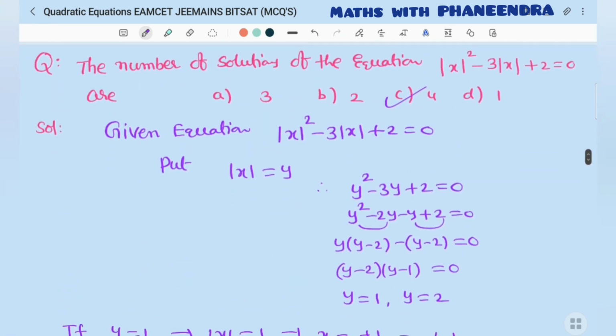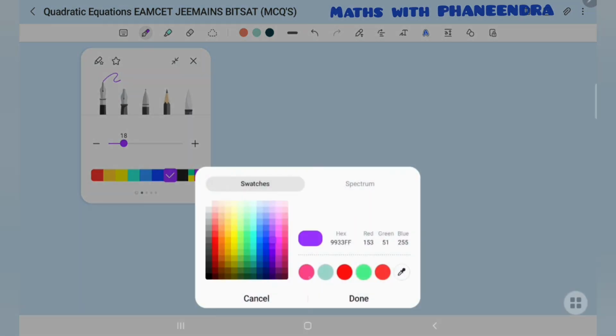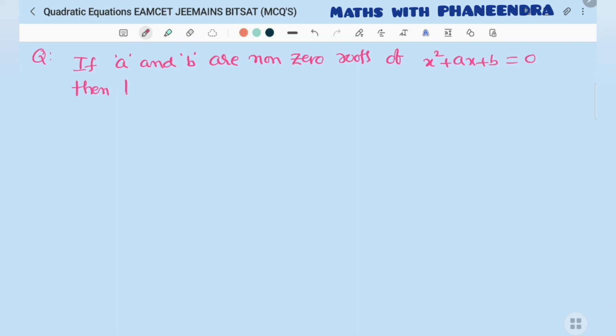Once again, I'll briefly show that. If small a and small b are non-zero roots of x square plus ax plus b is equal to 0, then the least value, that means minimum value, of x square plus ax plus b.